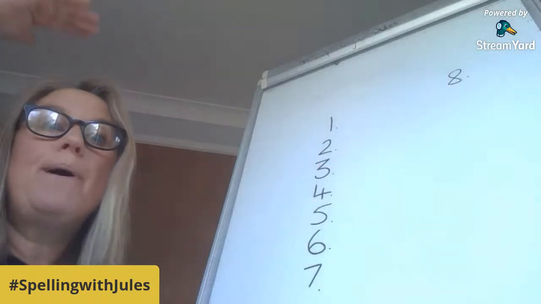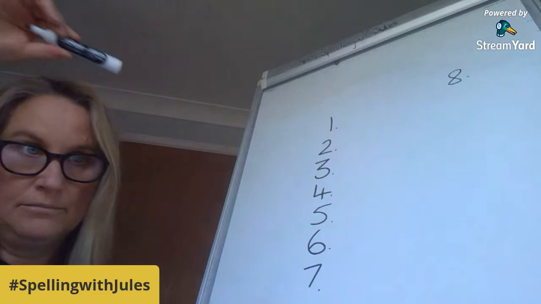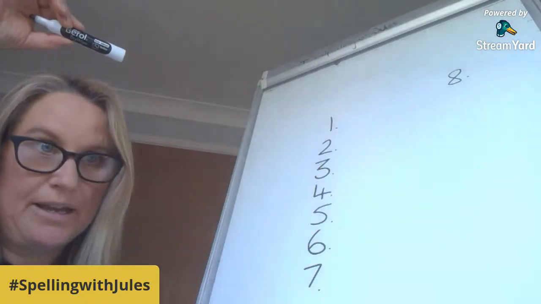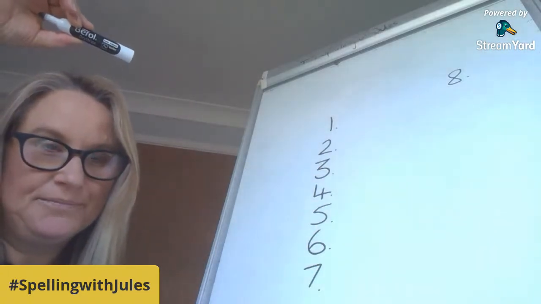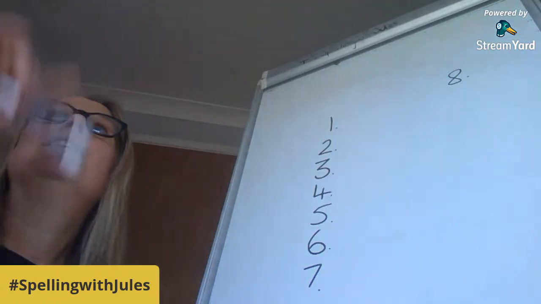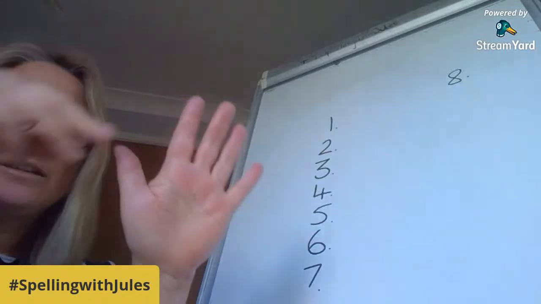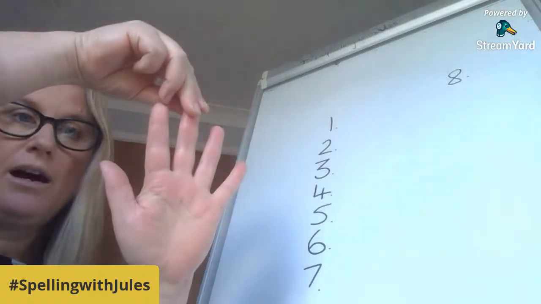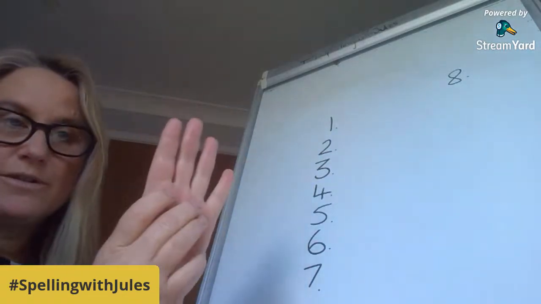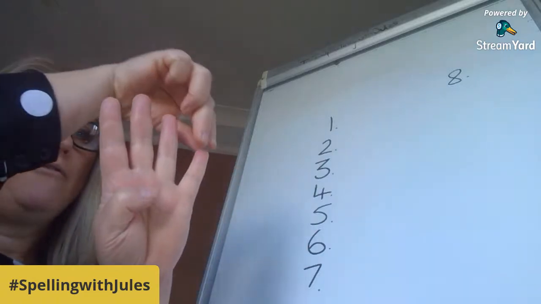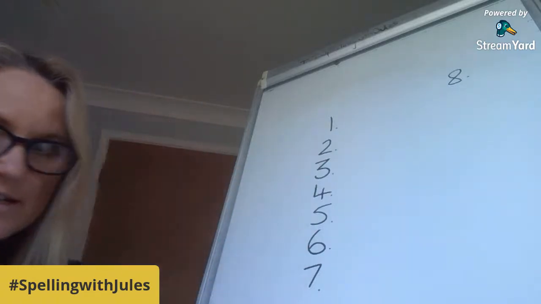Above. So above me is my pen. Above. Or above there is a bedroom. So pinch it out again. So you've got a, b, a, v. 4 sounds. A, b, a, v. But it's 5 letters.